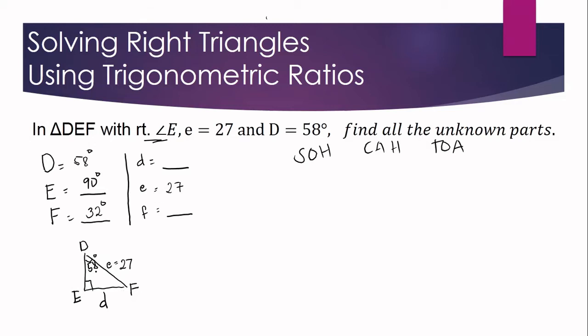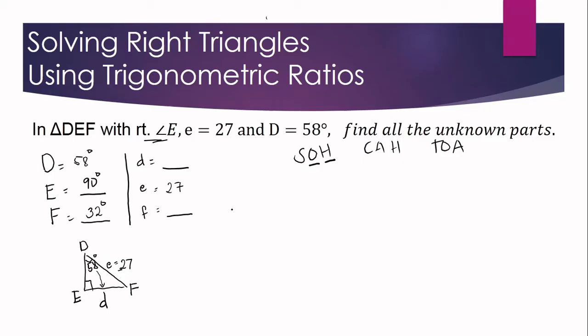Again, ang ating nawawala is D, that is the opposite side. And then the given is E, which is the hypotenuse. So we have the opposite side and the hypotenuse. Meaning to say, for us to solve for D, we will be using what ratio? Yes, we are going to use sine.